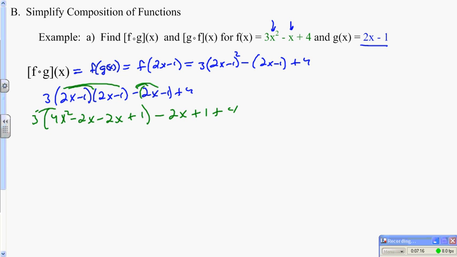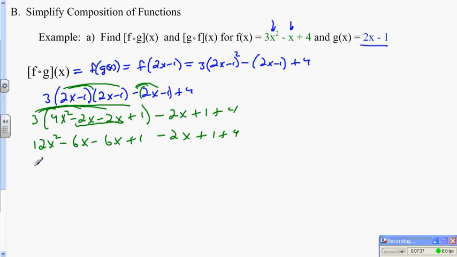Now I'm going to distribute this 3 first. I could combine like terms right here, but I'll do that at the end. So we get 12x squared minus 6x minus 6x plus 1. Since I distributed the 3, I do not need to write parentheses anymore.